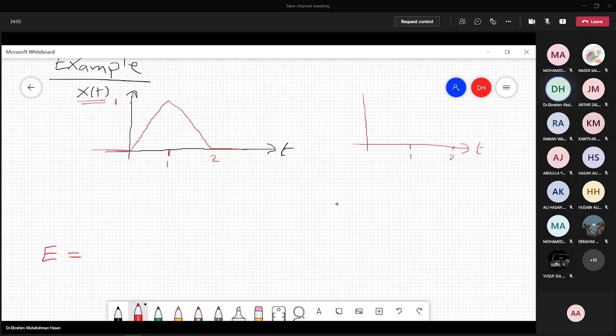If you square it here, then at 1 it will be 1 squared, so I gain 1. Between 0 and 1 it is a straight line, so if you square it, you will get a parabola.